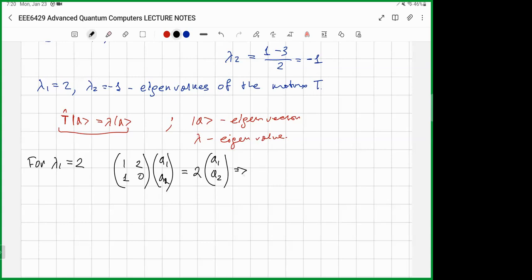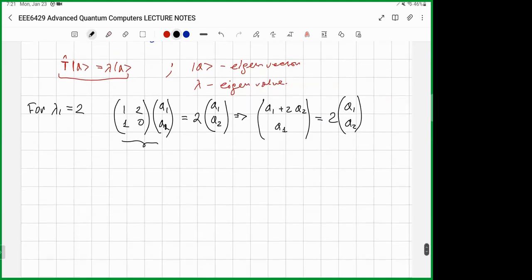Right. So now let's take this product here, which is equal to a1 plus 2a2, the first component. The second component is a1, and it's equal to 2a1, 2a2. So from here I conclude that a1 equals 2a2.